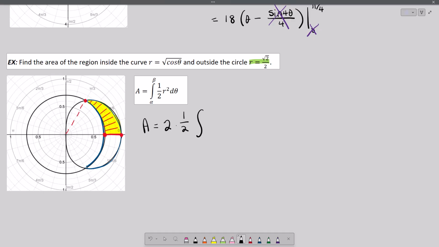So the outer one is the blob. So it's going to be the blob squared. That's the outer radius squared minus the inner radius squared. And we're going to go from 0 up to pi over 3.